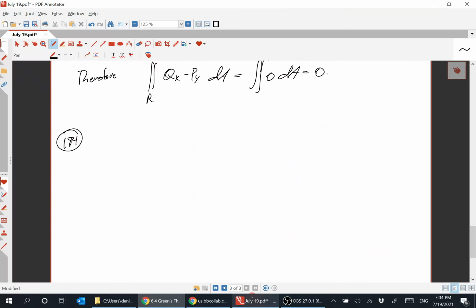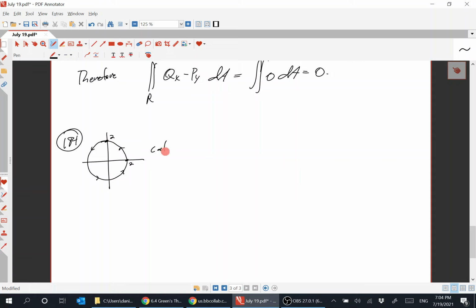So the point of 184 is that when you apply Green's theorem, you will probably have to transform to polar coordinates. Or maybe not, we'll see.